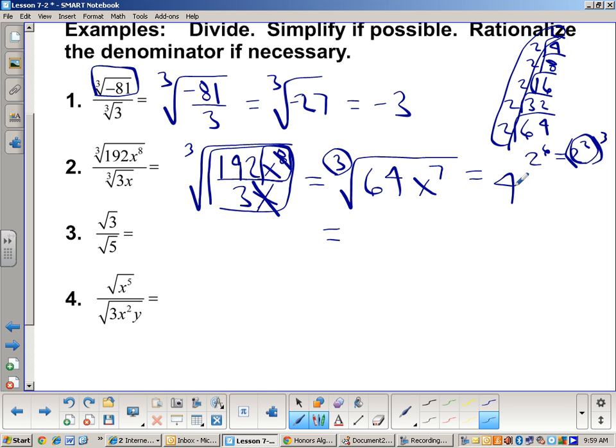Then I'm going to break my x's up: x cubed times x cubed times x. Is that 7? Yes. Or I could have written it as x squared cubed times x. Depending on which method works best for you, I can break it up into groups of 3, because that's what I'm looking for with this cube root, and use x cubed and whatever's left over.